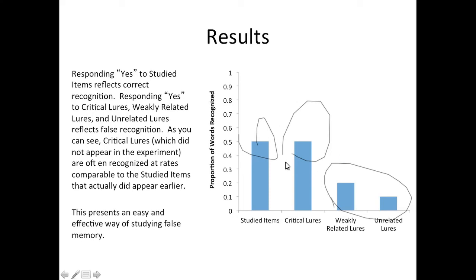And often what happens is the critical lures are recognized just as often as our studied items. So this is a quick and easy way to give people false memories, so memories of things they think happened but actually didn't. So go get online, turn in the number of studied items, critical lures, weakly related lures, and unrelated lures to complete this experiment.